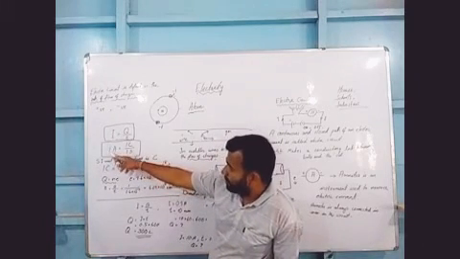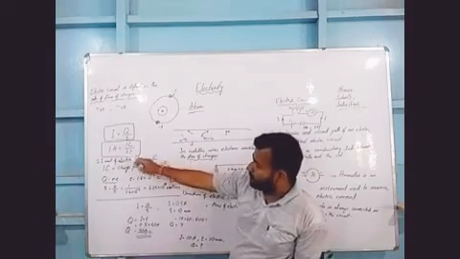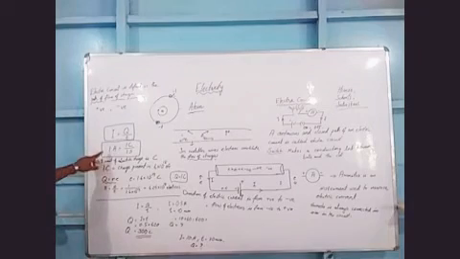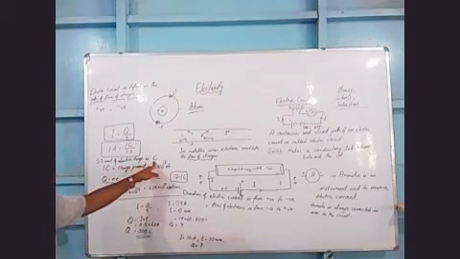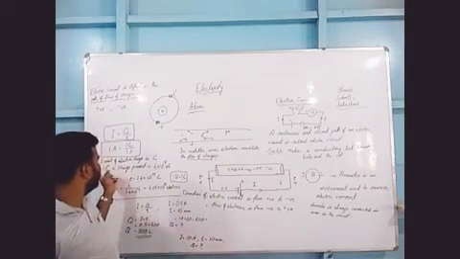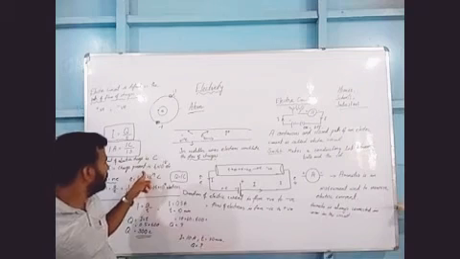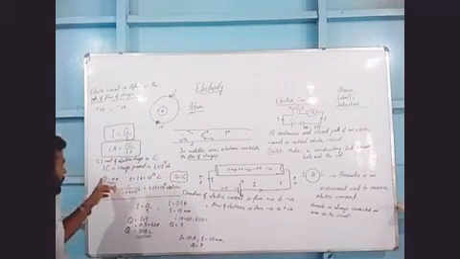And there is one equation, Q is equal to N into E, that is as per the quantization of charges. We already studied that each electron possesses a charge of 1.6 into 10 raised to minus 19 coulomb.